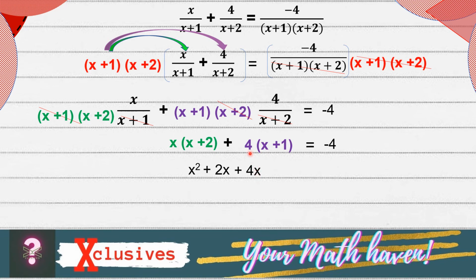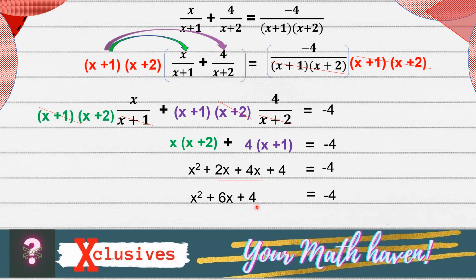And 4 times positive 1, that is positive 4, is equal to negative 4. As you can see, there are common terms. We can combine 2x and 4x. As a result, we have x squared plus 6x plus 4 is equal to negative 4.